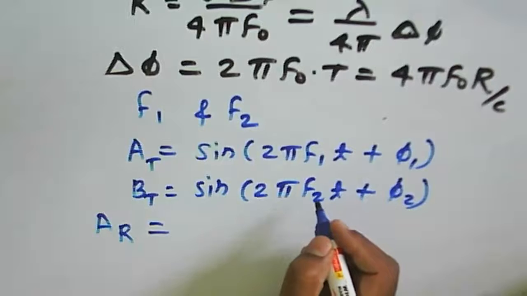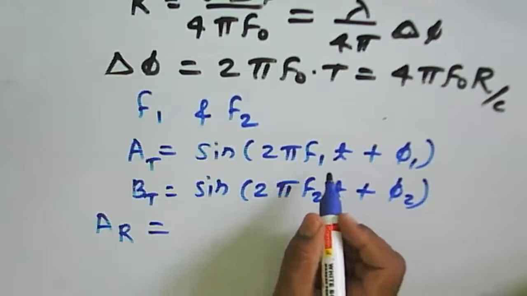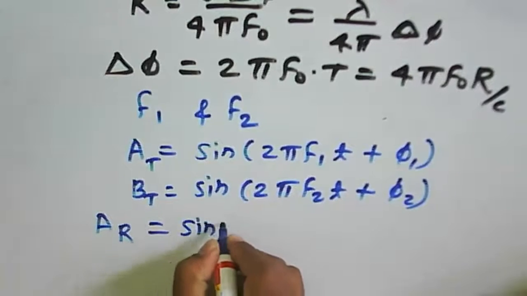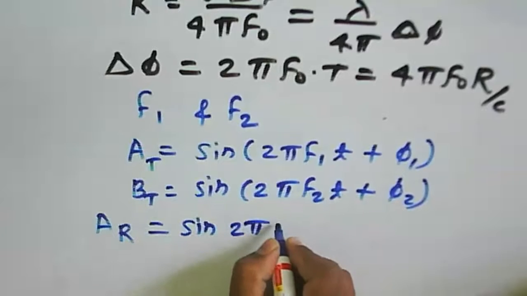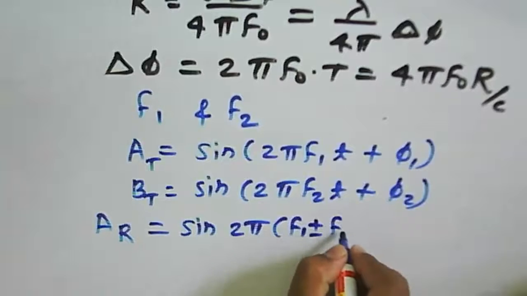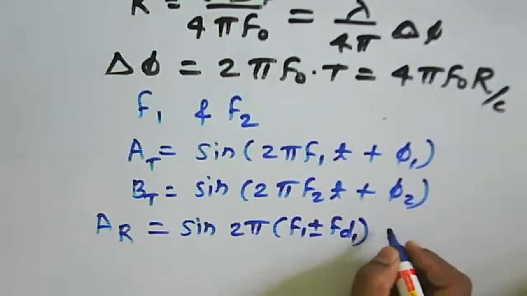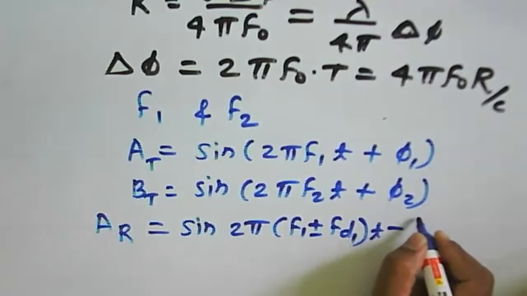So the frequency component of one is with respect to the Doppler shift. We get the equation: sine of twice pi, f1 plus or minus FD1, t, minus a phase difference term.